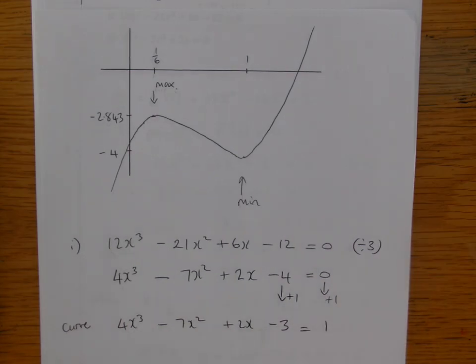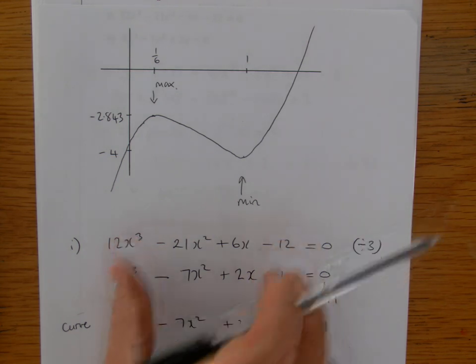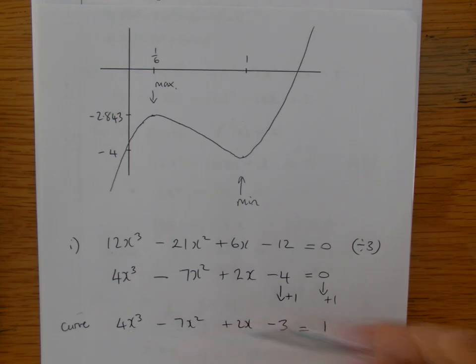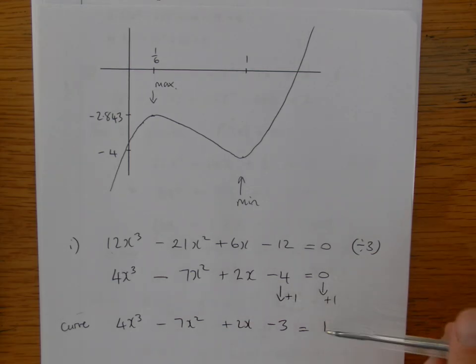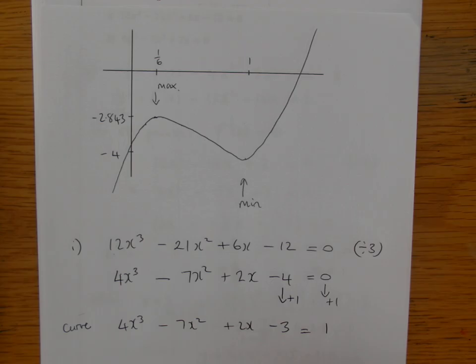So essentially, I'm interested now in where this, and remember now this is the curve, is equal to 1. We want to solve that, which was the question in part I. If we adjust it to get it looking like our curve, dividing by 3 got us here, and all we needed to do then was add 1 to it, and that gives us our curve. Of course, because we added 1, I need to add 1 on the other side. So if I can solve where my curve is equal to 1, I can then work out how many roots there are for this actual equation.